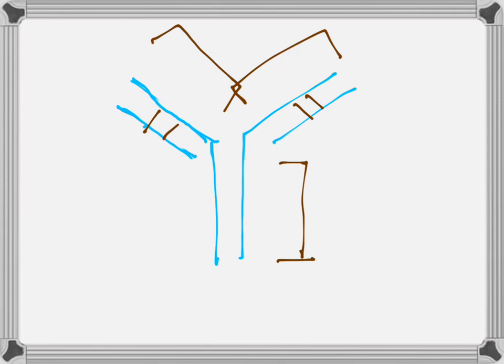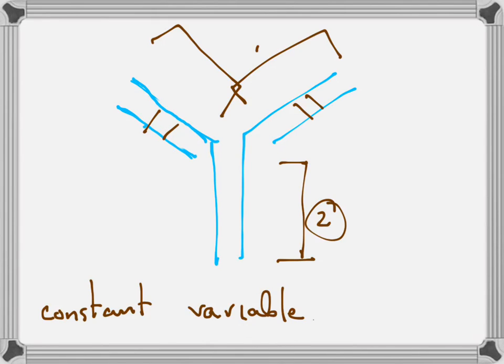There's two of them. And then also identify for me where are the constant regions, so those areas that are conserved regardless of which antibody it is, and which regions are variable, meaning they differ between each different antibody, or they differ between each antibody produced by the different B cells in our body. So 4 parts: label, label, identify, identify. All right, take 2 minutes.